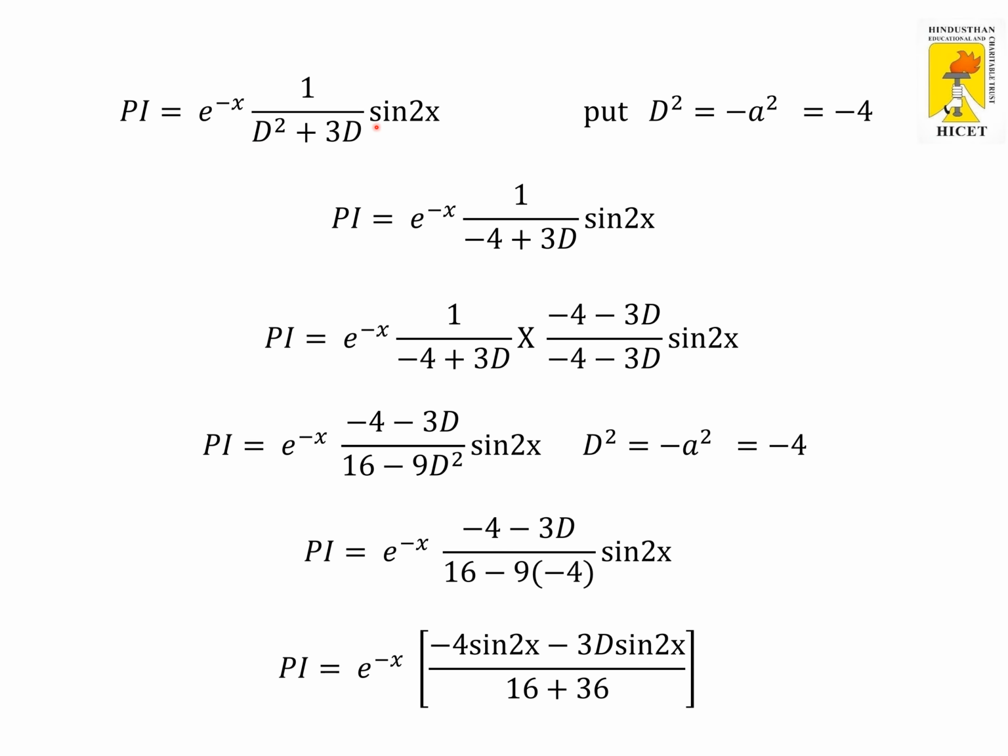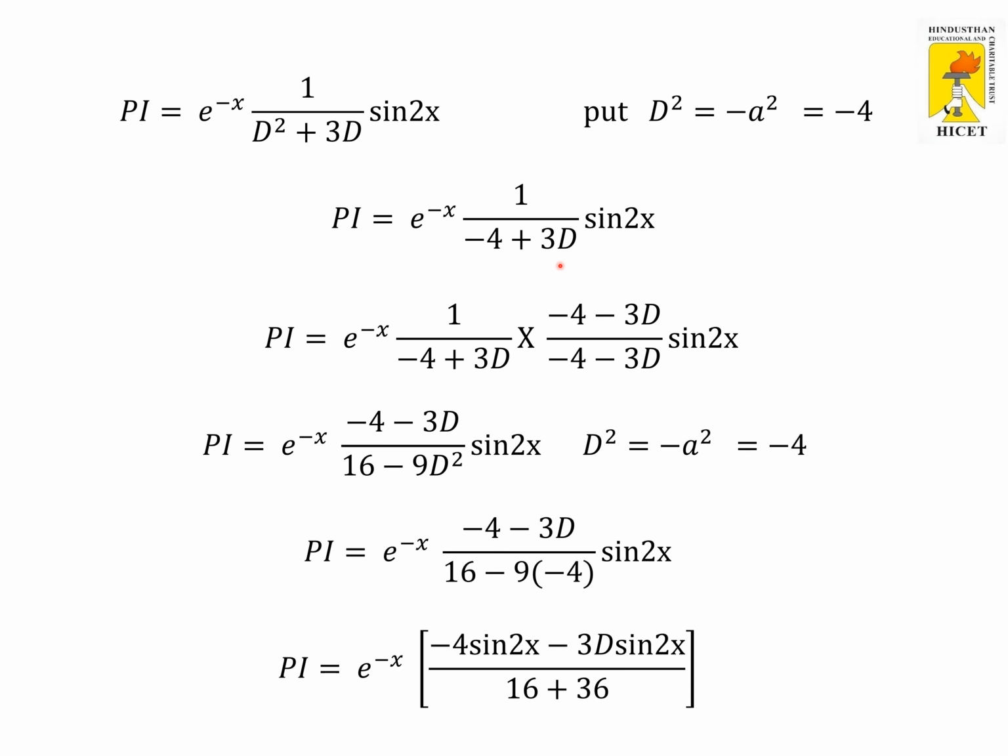Now using our type 2, that is the trigonometric form, we put D squared equal to minus a squared. Here a equals 2. So replacing D squared equal to minus 2 squared, that is minus 4, therefore PI equals e power minus x into 1 by minus 4 plus 3D into sine 2x.